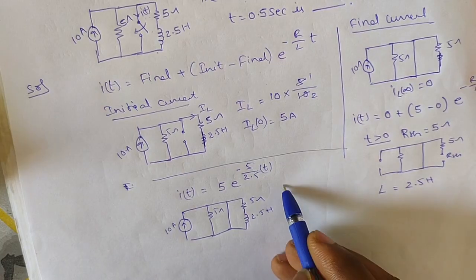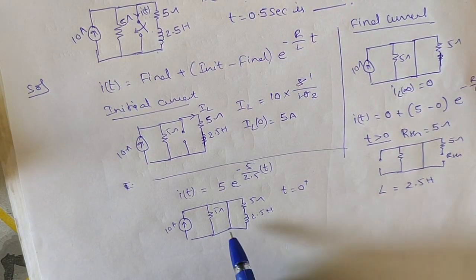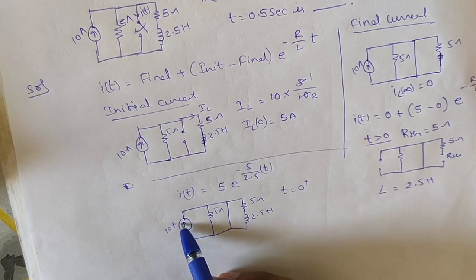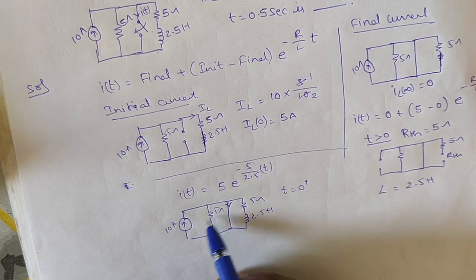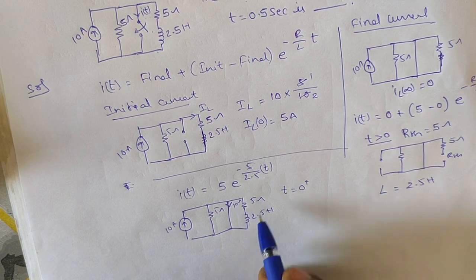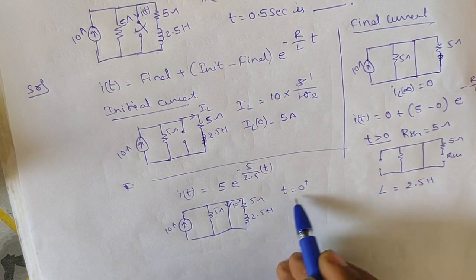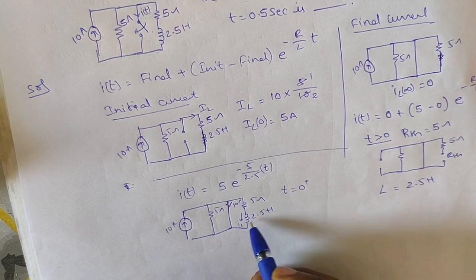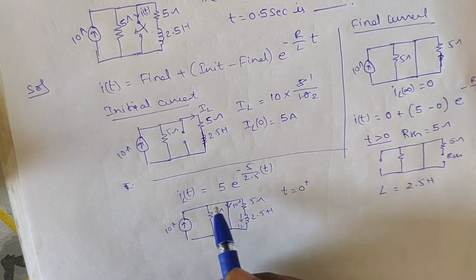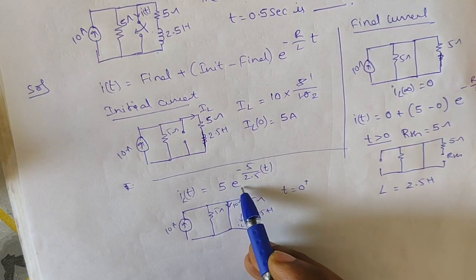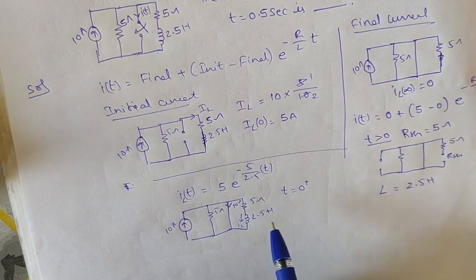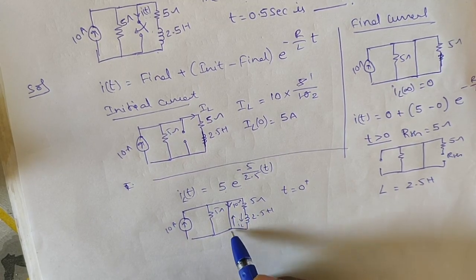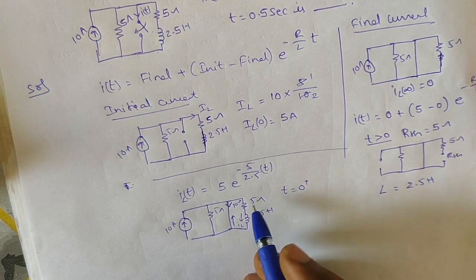At the time of switching, at t equals 0 plus, there is a short circuit across this path. So this 10 amps will be directly flowing through this, and at t equals 0 plus this inductor is also charged with the current IL. This is IL, so that value is 5 into e power minus 5 by 2.5 into t. These both will be flowing in the same but opposite direction.